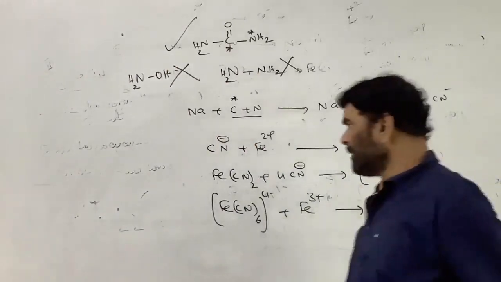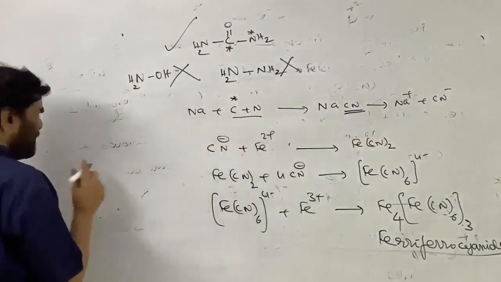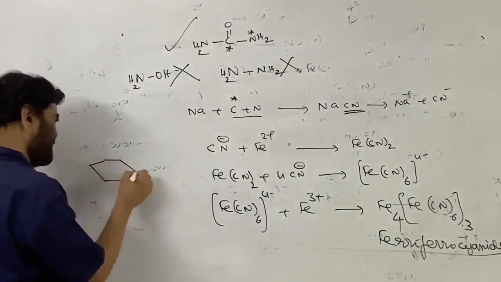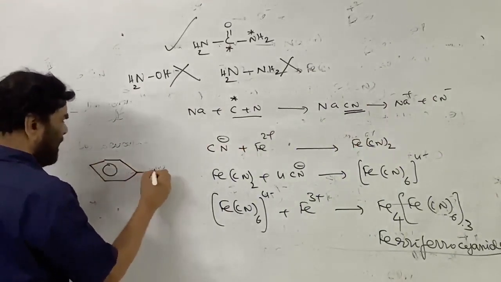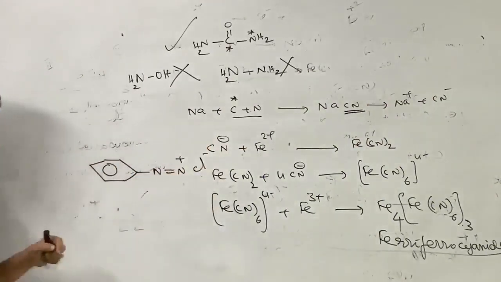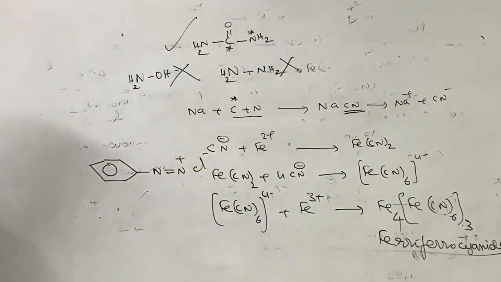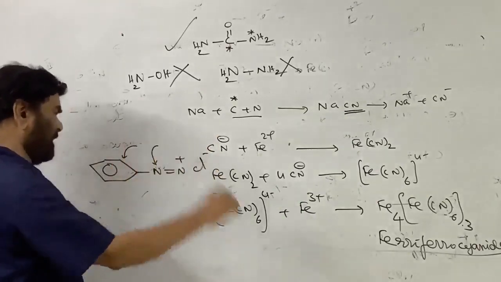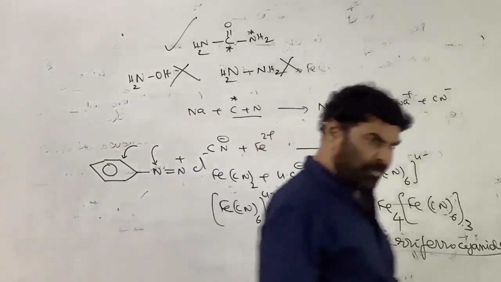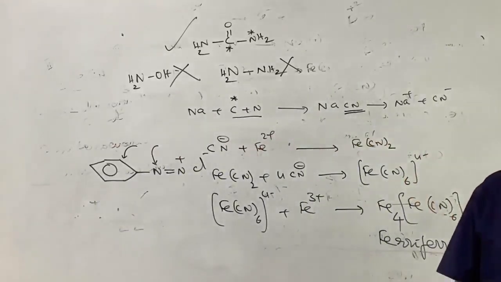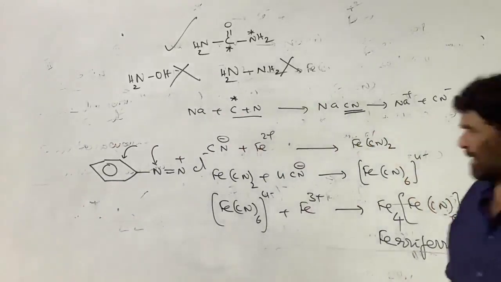So an important example is benzene diazonium chloride. It is a compound with carbon as well as nitrogen. It should give the Lassaigne test for nitrogen, but it does not.